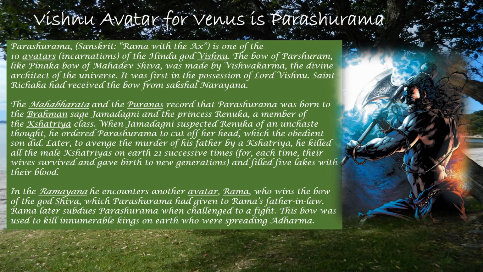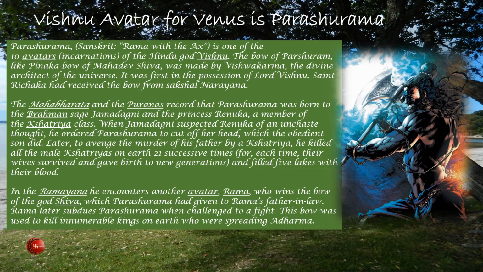And in the Puranas, they talk about how Parashurama's father suspected his wife Renuka of an unchaste thought, and he ordered his son Parashurama to cut off her head, which he did, and to avenge the murder of his father by a Kshatriya, because Princess Renuka had belonged to the Kshatriya class and they took revenge. And then Parashurama, to avenge that murder, killed all the male Kshatriyas on earth 21 successive times, and he filled lakes with their blood.